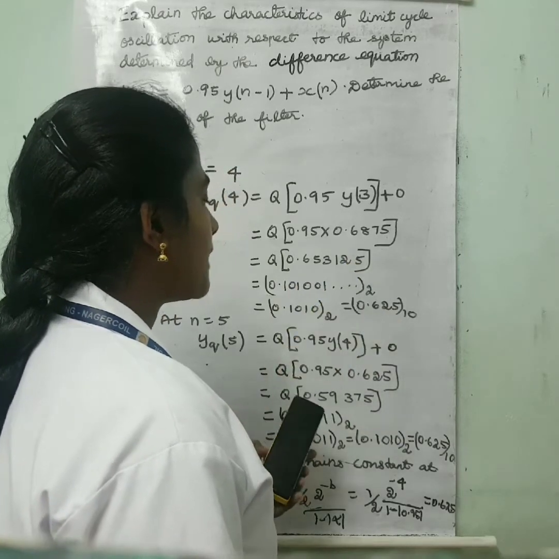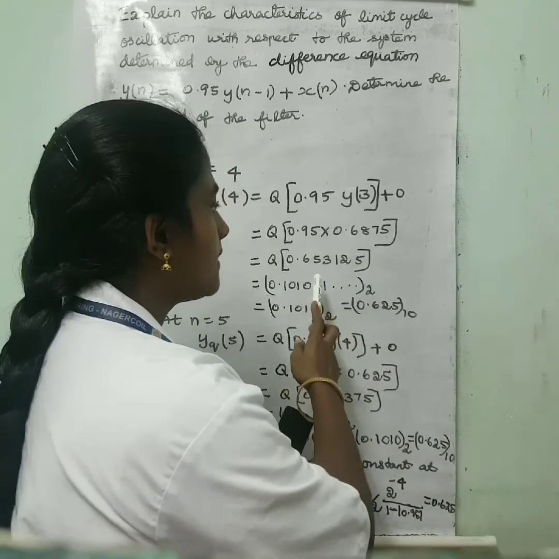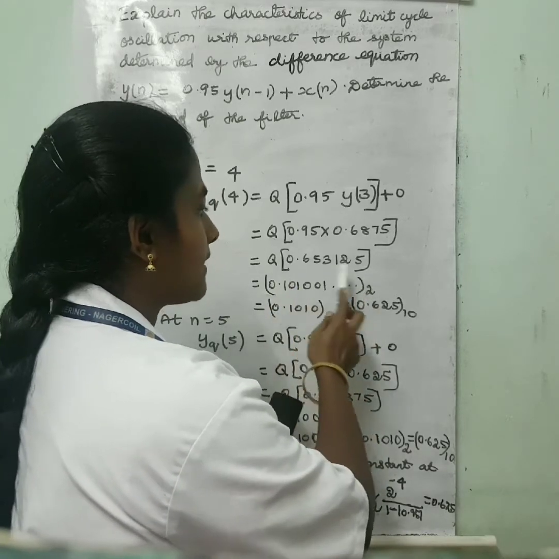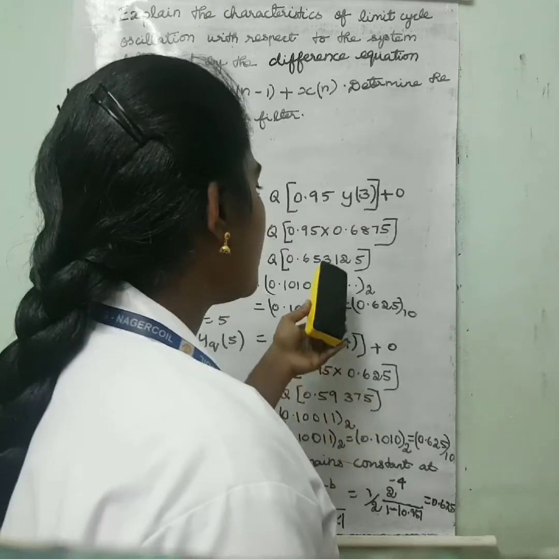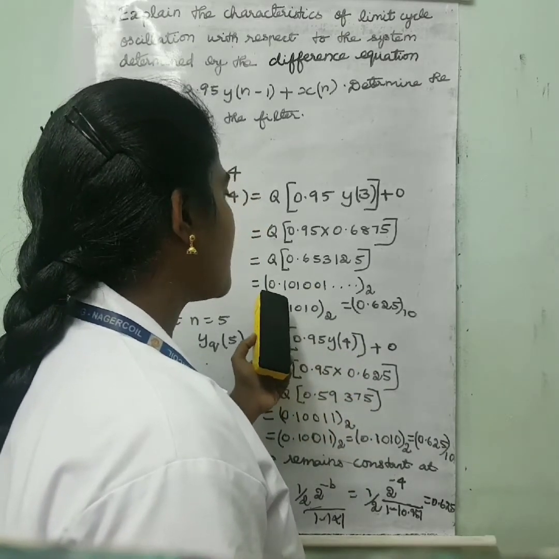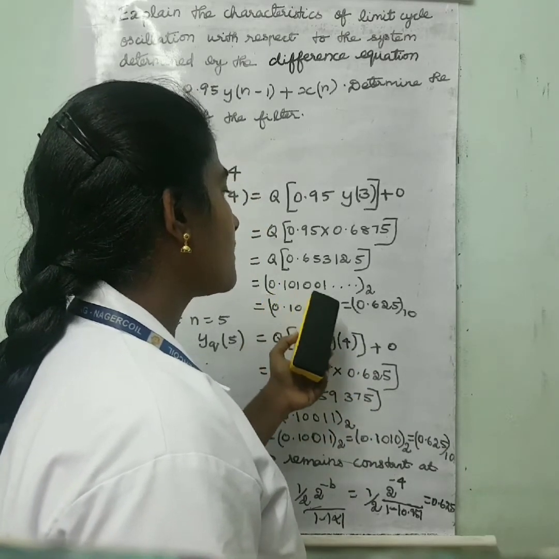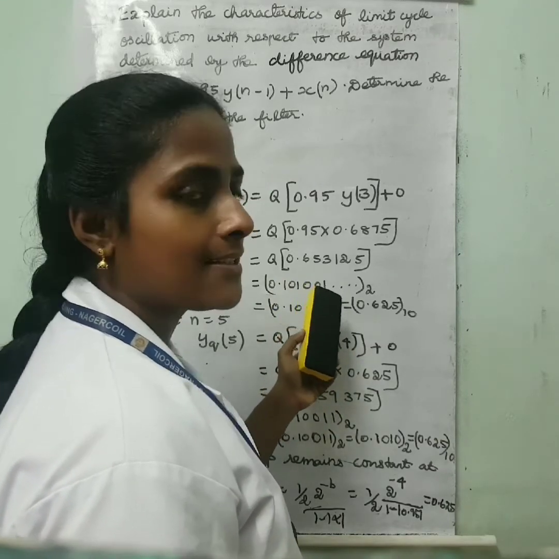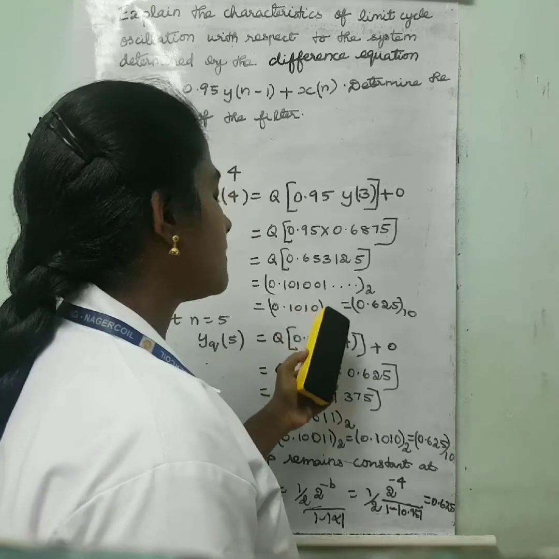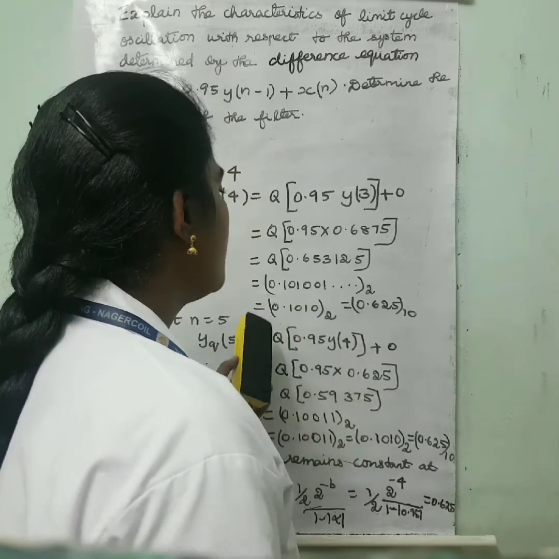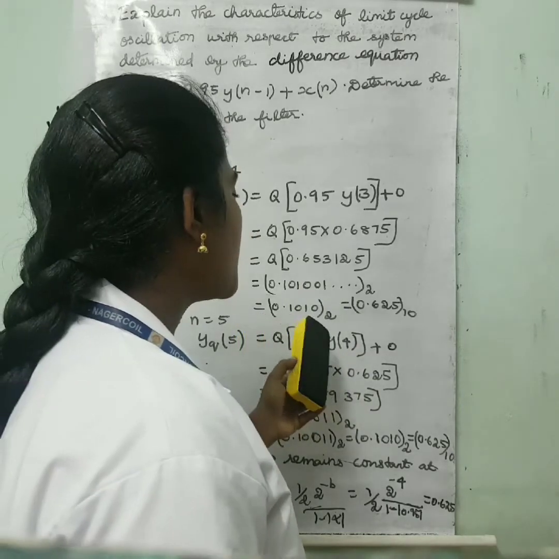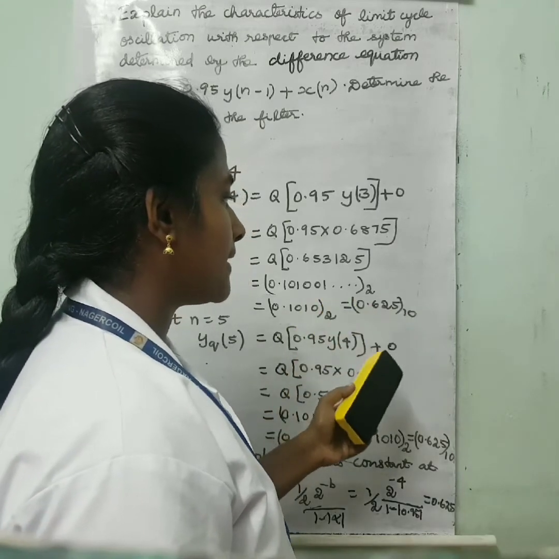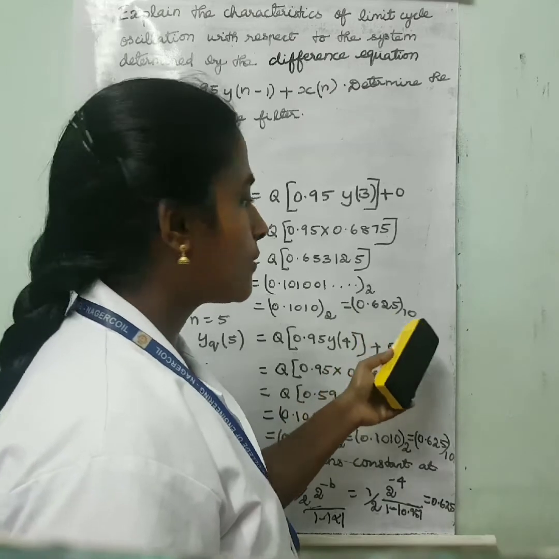When you are multiplying, you will get the value 0.83125. Now we have to quantize this value. So convert this value into binary. So you will get 0.110101. Again take only 4 bits after the decimal point. So you will get 0.1101. Again convert this into decimal number. So you will get 0.8125.